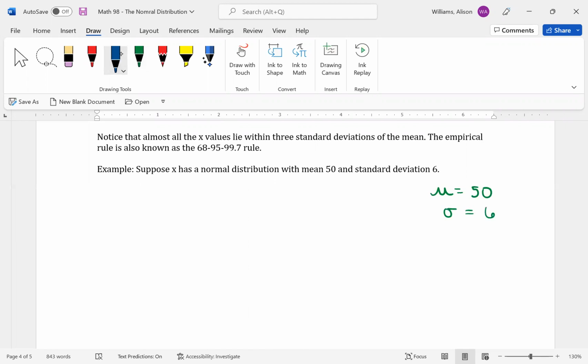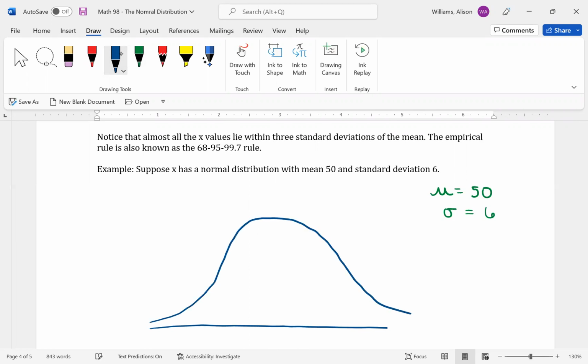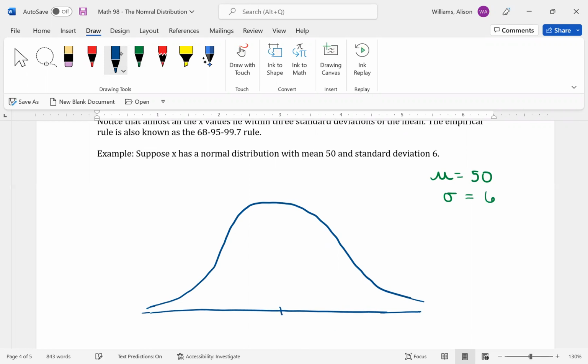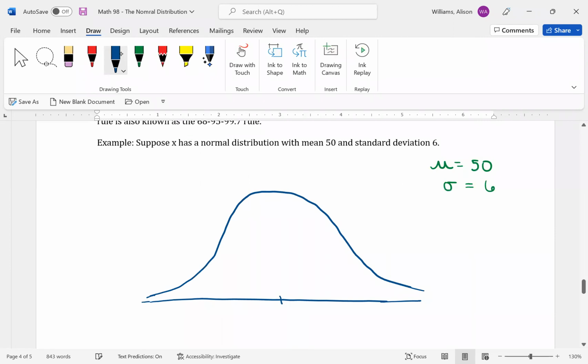Okay, so I'm going to draw a bell-shaped curve here as best I can. And in the middle, that's the mean, which is 50. Then I'm going to go 1 standard deviation above and 1 standard deviation below the mean.